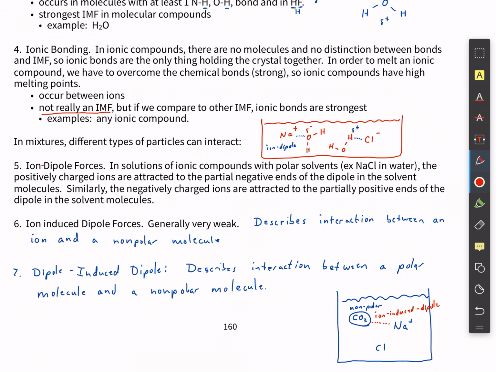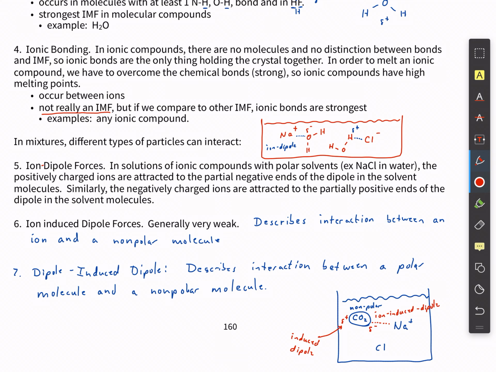The positive charge from the sodium would attract the electrons from the CO2 toward the positive charge, which would induce a dipole on the CO2. Remember, CO2 is nonpolar, so this is what we call an induced dipole. It's the positive charge of the sodium that is forcing the CO2 to become at least temporarily polar as those two particles interact.